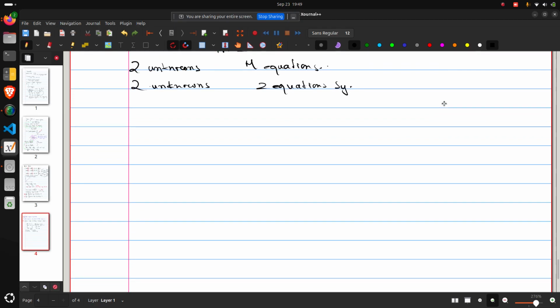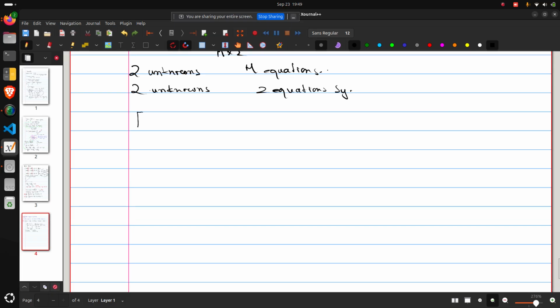So let's just write the A transpose and the A matrix, and see after multiplying what comes up. So delta x1, delta x2 and so on, delta y1, delta y2 and so on. And what do we have? We have here delta x1, delta y1, delta x2, delta y2, like this, right?